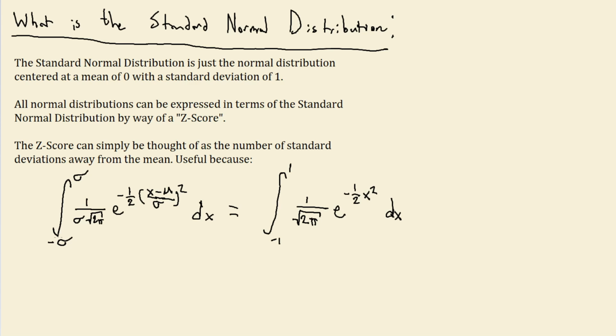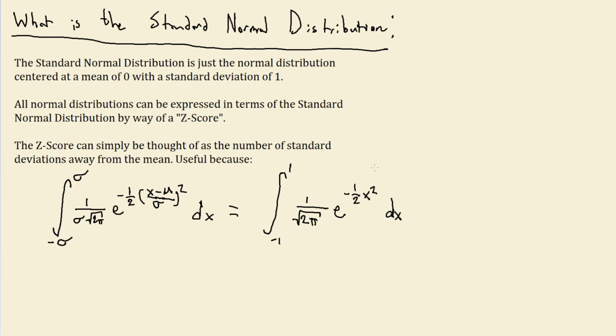So if I was to integrate this expression for the normal distribution centered at a mean of mu with a standard deviation of sigma, if I integrate that from negative sigma to sigma, essentially the probability of the data falling within one standard deviation of our mean, this is going to be exactly the same as the probability of falling within one standard deviation of the standard normal distribution.